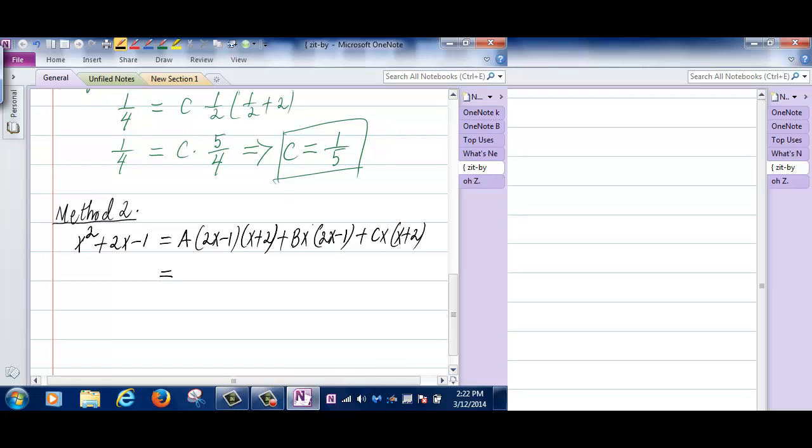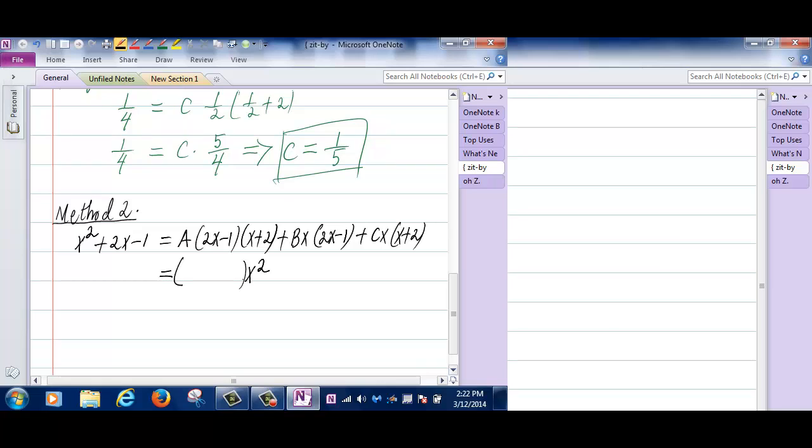So I am not going to multiply out the usual way. I am going to figure out what should be the coefficient of x squared, what should be the coefficient of x, and so on.